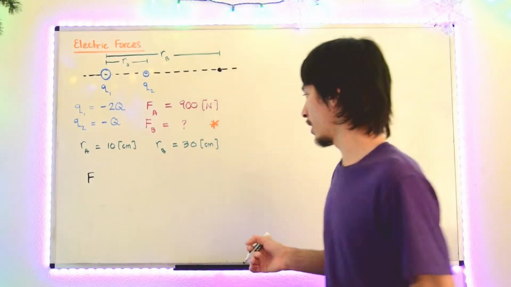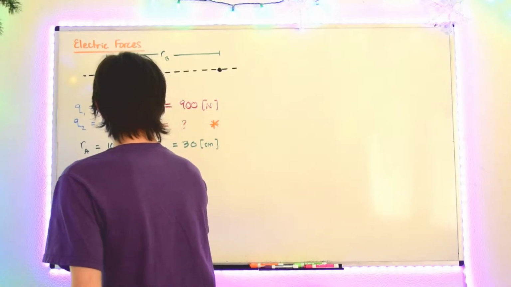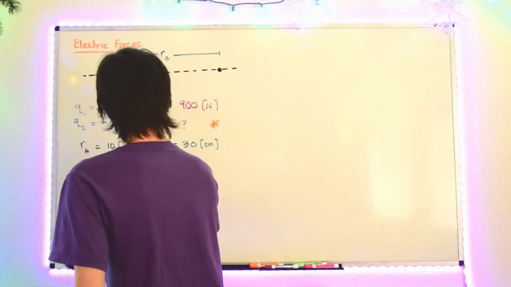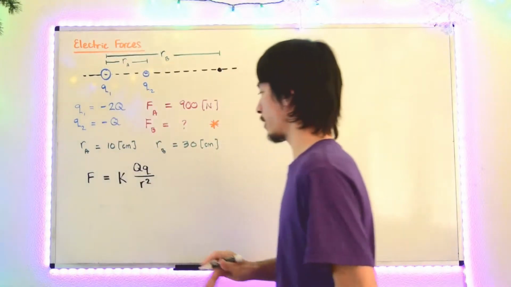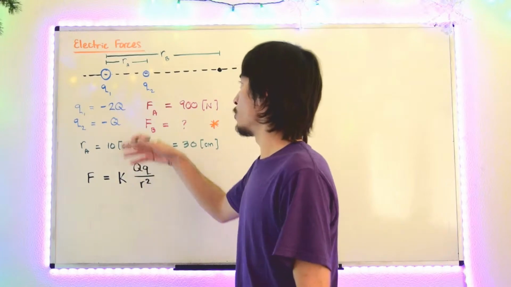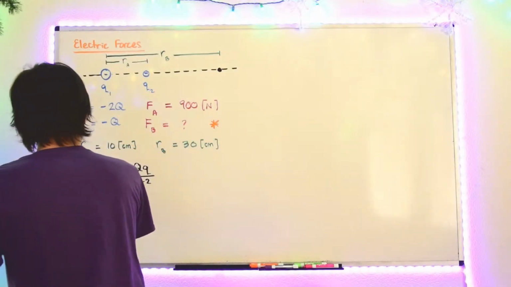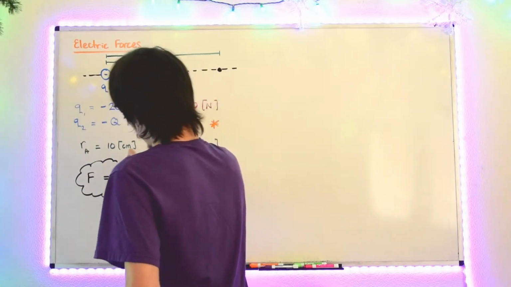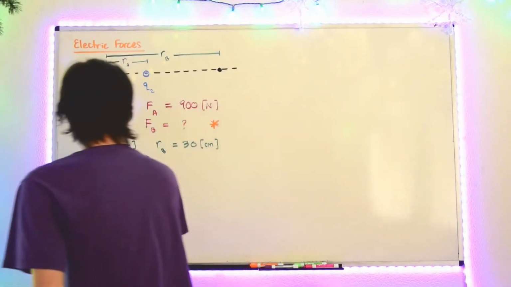So the force equals the absolute value of K, capital Q, lowercase q over R squared, very generally. I'm going to change this around, though, to format it to our situation. So we're going to take this general equation for Coulomb's law, and we're just going to rewrite it in terms of what we're trying to talk about.